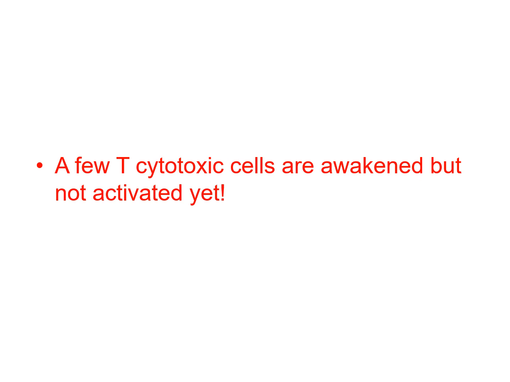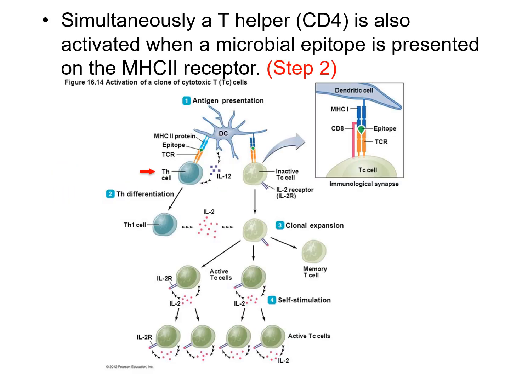A few cytotoxic cells are awakened but not activated yet. Simultaneously, on the left arm, a T helper CD4 is also activated when a microbial epitope is released on an MHC2 receptor. So on the left hand, the glove is a particle of the herpes simplex 1 virus, but it is now going to be exposed on an MHC2 receptor.